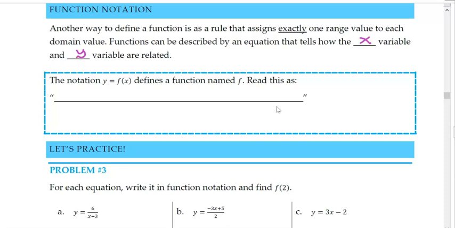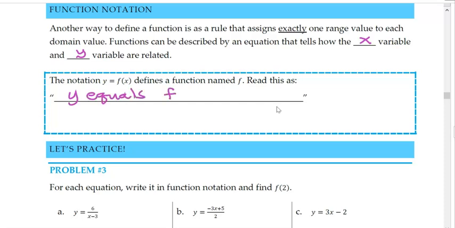Now, we write y as the same thing as f of x. Right? So sometimes you'll see equations that have y equals something like this one down here. Well, to make that into a function, if we know it's a function, we can use this f of x. So it reads as y equals f of x.